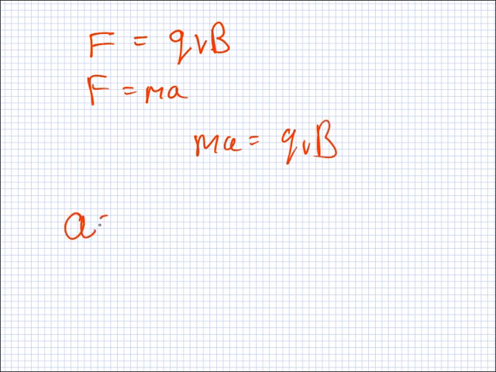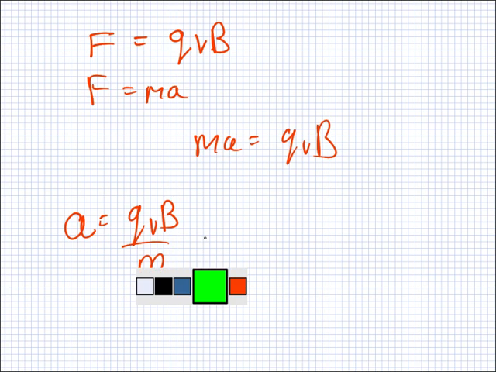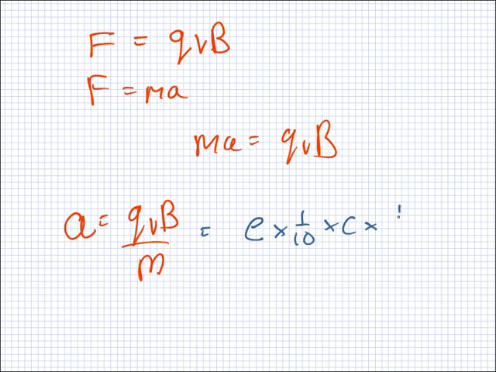So A equals QVB over M, which is E times 1/10 times C over the mass of the electron.